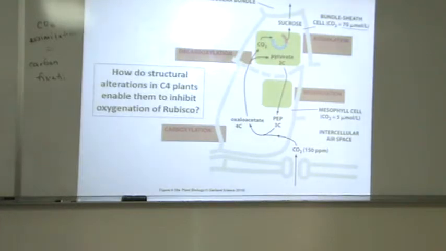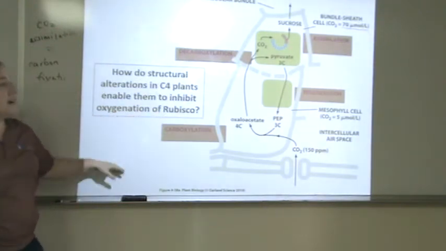You probably won't have this kind of question on one of your professional tests, unless you're going into plant biology, but this is a big deal. How does the structure of a C4 plant allow it to preferentially fix carbon, or to inhibit photorespiration, or to inhibit Rubisco from binding oxygen?